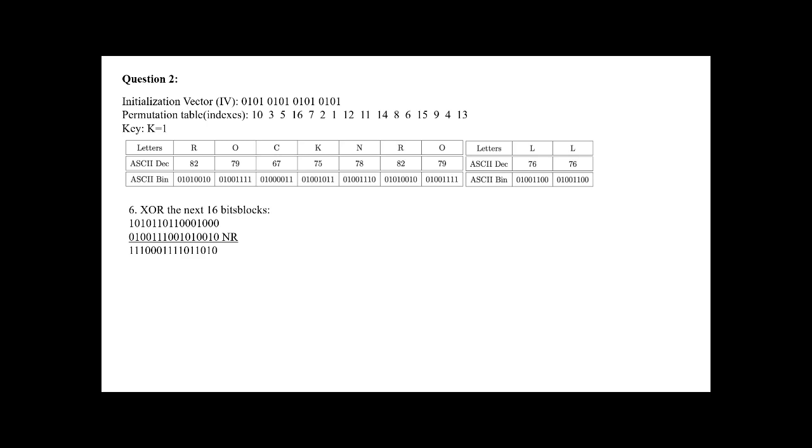Okay, so now for the next block, again, we have the next two letters, which are the N and the R. So what we do here, we get the two values, which are 0 1 0 0 1 1 1 0, and then 0 1 0 1 0 0 1 0.